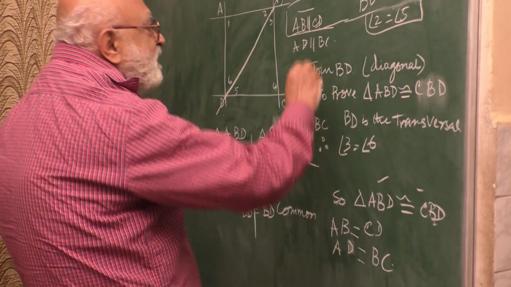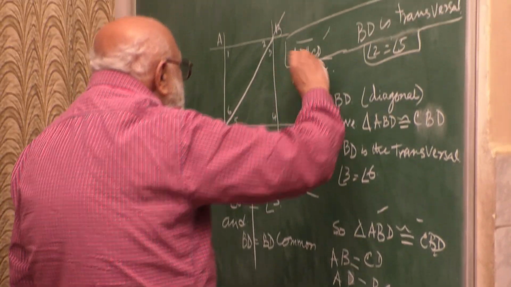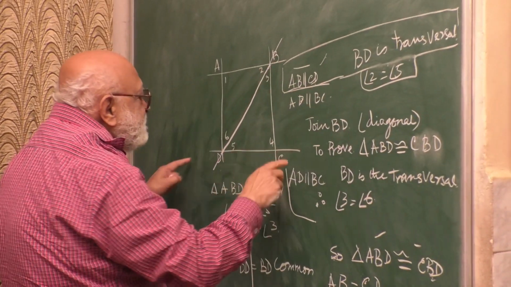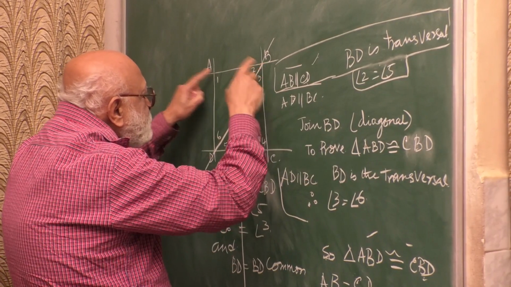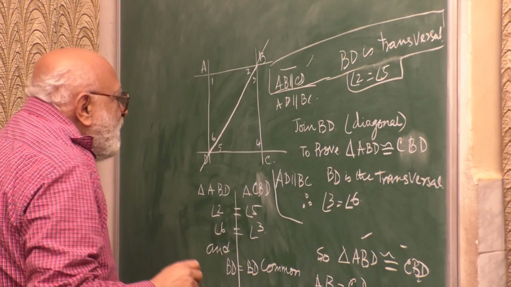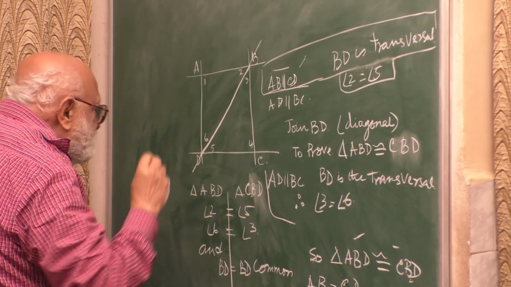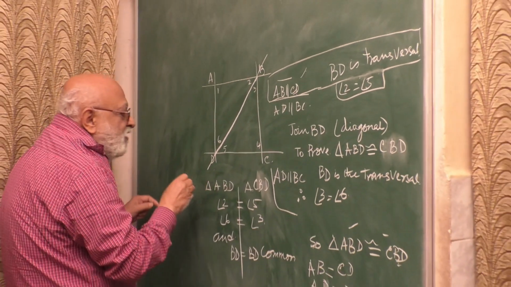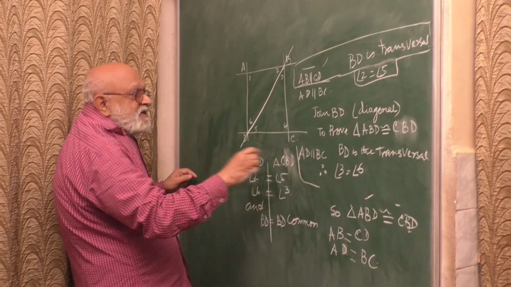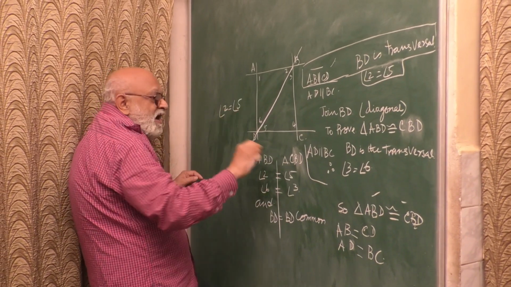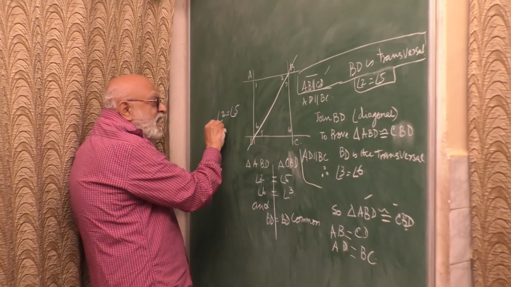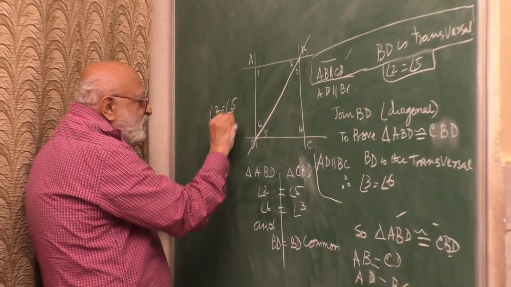So we started with them being parallel. Now we have proven that if they are parallel, these two sides are also equal. Now let us take another small thing. We have angle 2 is equal to angle 5, and angle 3 is equal to angle 6.